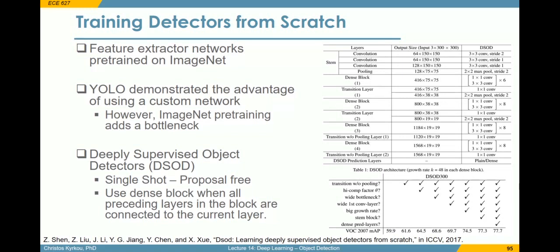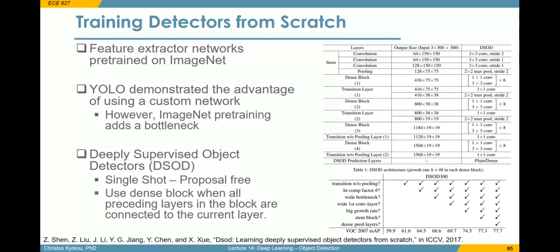Also, in many cases, ImageNet may not represent the actual target task that we want to perform. So there's been some line of works recently that try to devise some strategy and some modifications in terms of the architecture of the convolutional network so that it's possible to train a detector from scratch on the target task without having to go through the process of training on ImageNet.